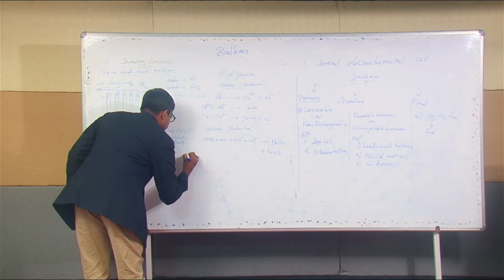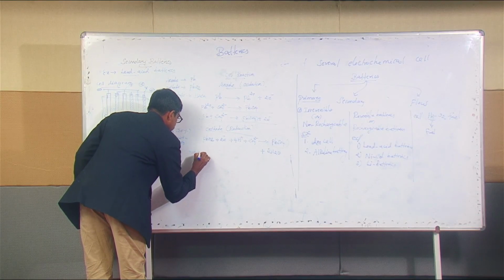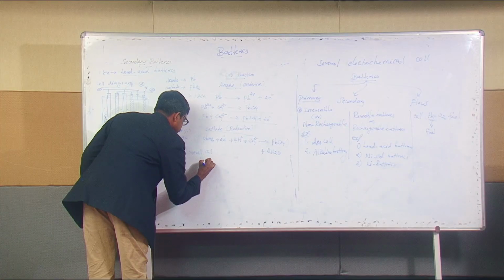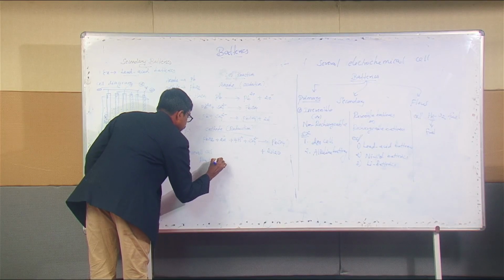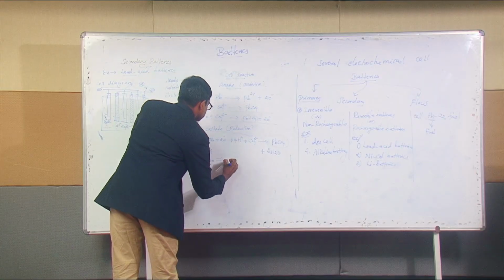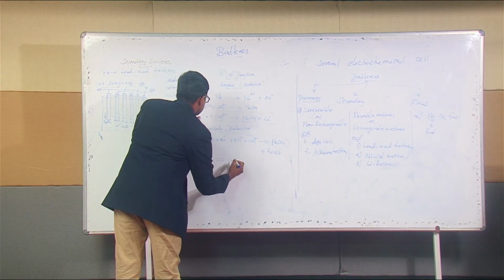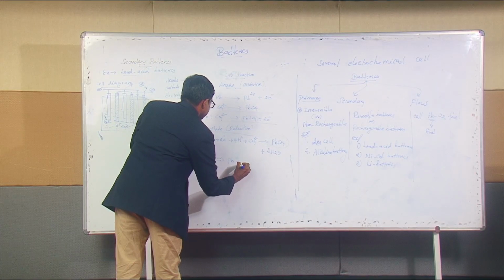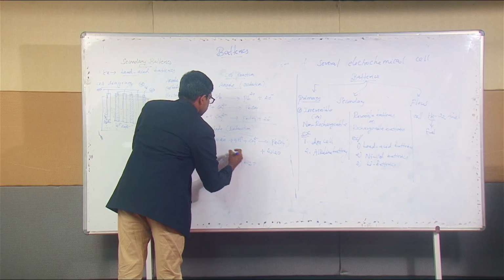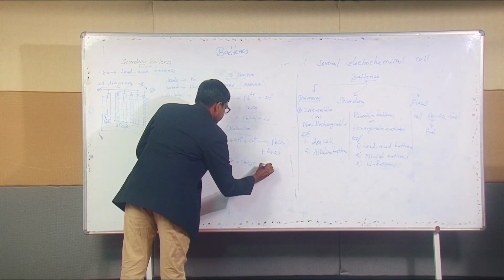So the overall reaction gives the overall cell reaction. So what is that? Lead, then lead oxide and 2 sulfuric acid.